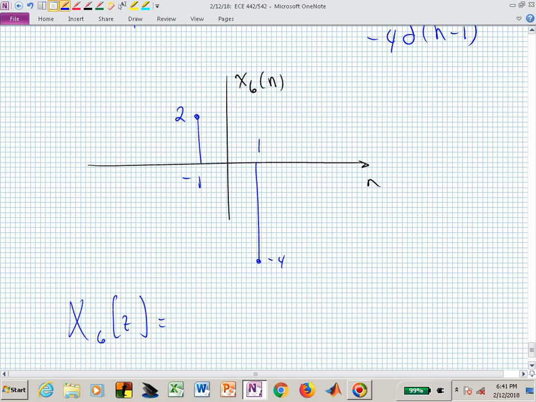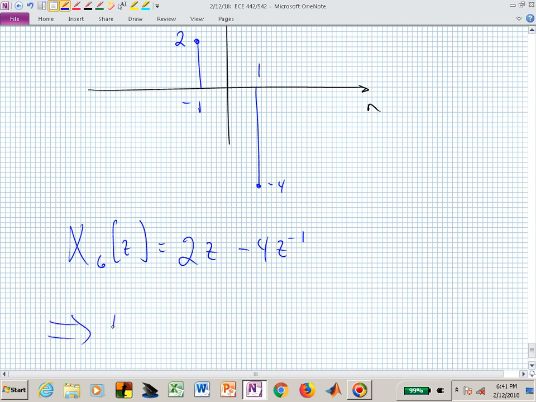What's the z transform of this? So 2z minus 4z to the minus 1. And what is our region of convergence here? It's now away from the origin and bounded.